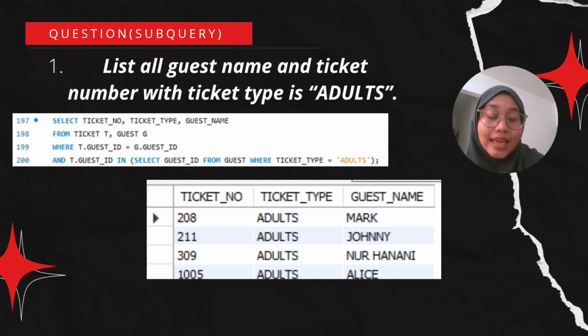As you can see, this is the same as join query, where we have to join 2 different tables for one command. So we select from ticket and guest, where ticket guest ID is the same as guest ID and ticket guest ID. For the subquery, we have to select guest ID from guest, where ticket type is for adult.